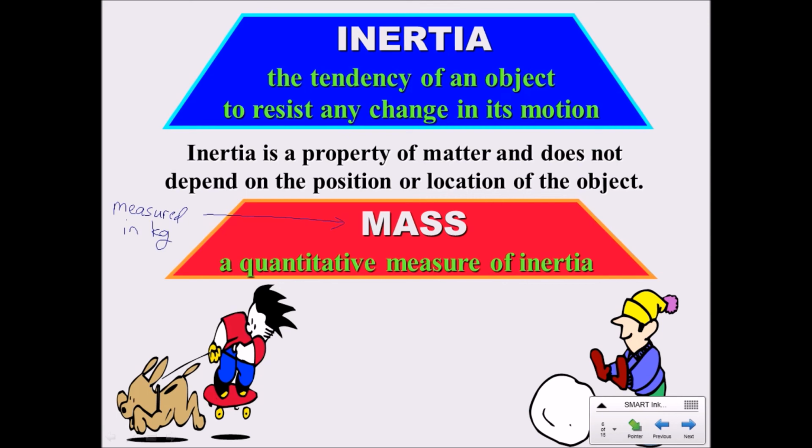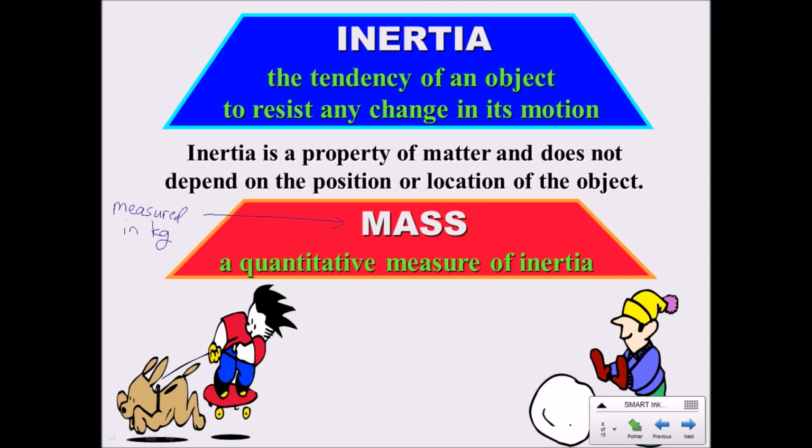And so to see this, imagine that I have a box full of feathers and a box full of bricks. And I go up and I try and make those move. I go up and I kick the two boxes, exactly the same. I kick the box full of feathers and it goes flying across the room. It was very easy to make it change its motion.